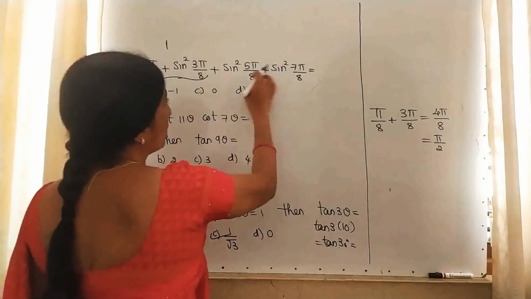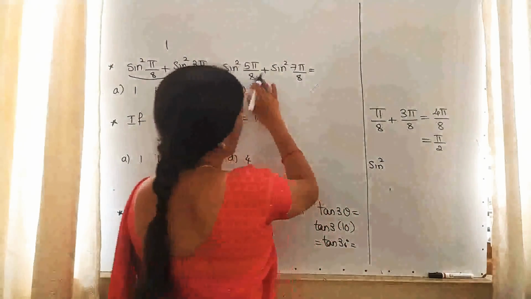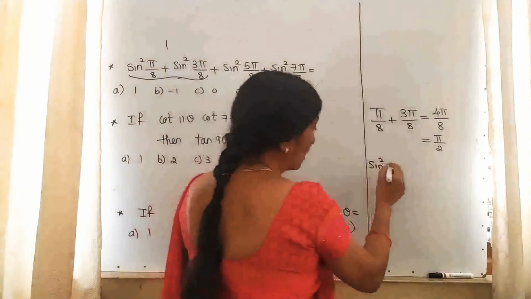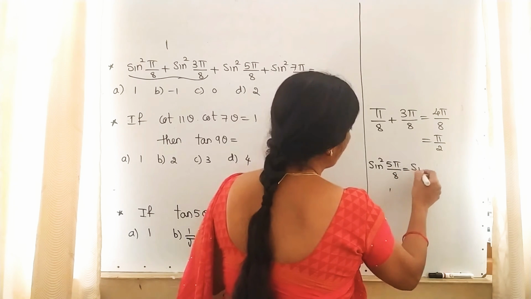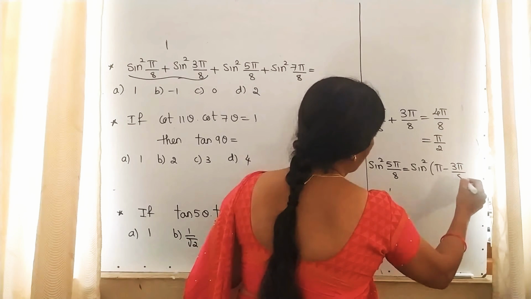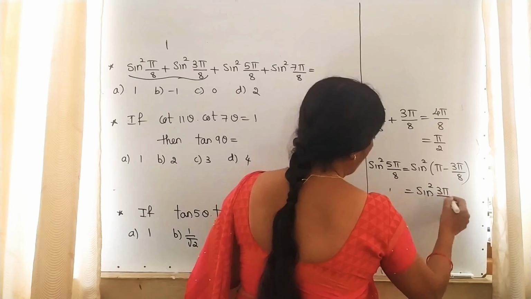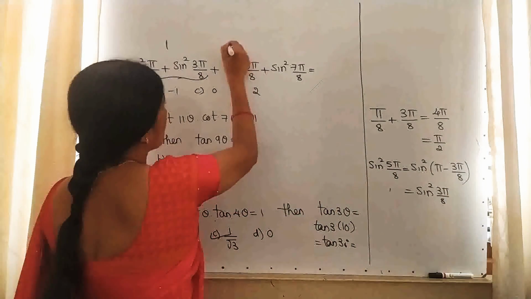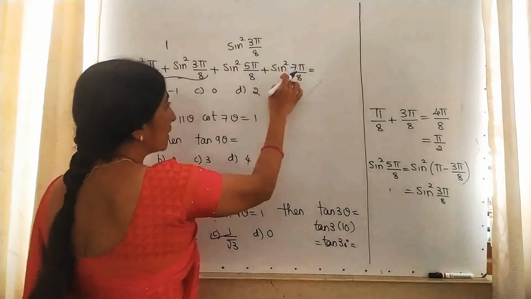Then what about these two values here? Allied angles. They are directly not 90 degree. But sin square 5 pi by 8 will be written as sin square pi minus 3 pi by 8. So that is sin square 3 pi by 8. This is sin square 3 pi by 8. Similarly, solve this.